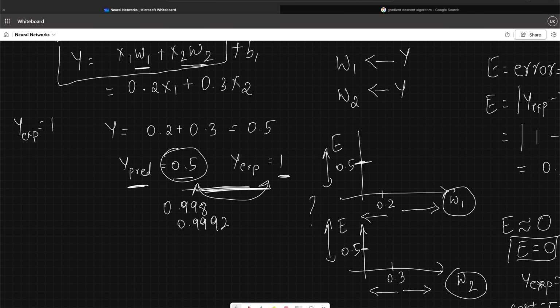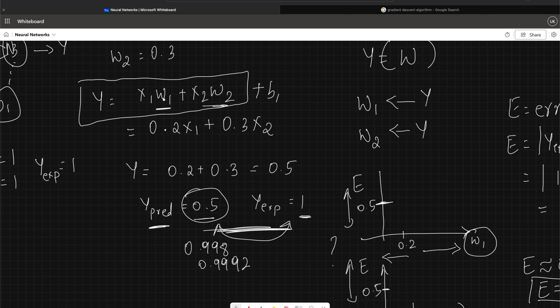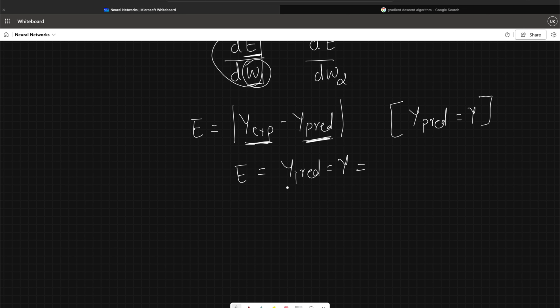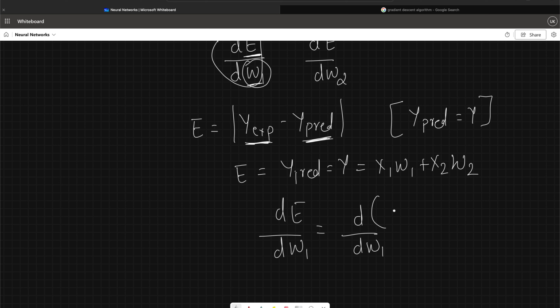And what is the Y we got? Let's just scroll up and see what our Y was. X1 W1, X2 W2. And as we said, we'll ignore the bias for now. X1 W1, X2 W2. So when we do dE by dW1, what do we get? It's the partial differentiation of this function, x1 w1 plus x2 w2, with respect to w1.